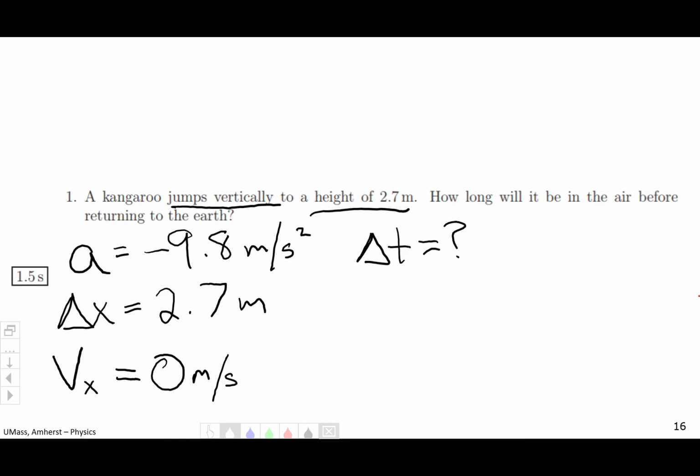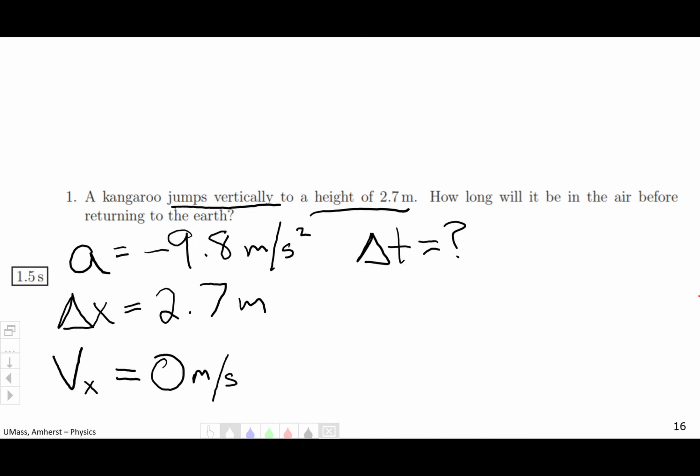Again, because we're traveling up, we pause for an instant, then we start coming back down. So if we can use this information right here to calculate the initial velocity, that means we can then use that to calculate time.